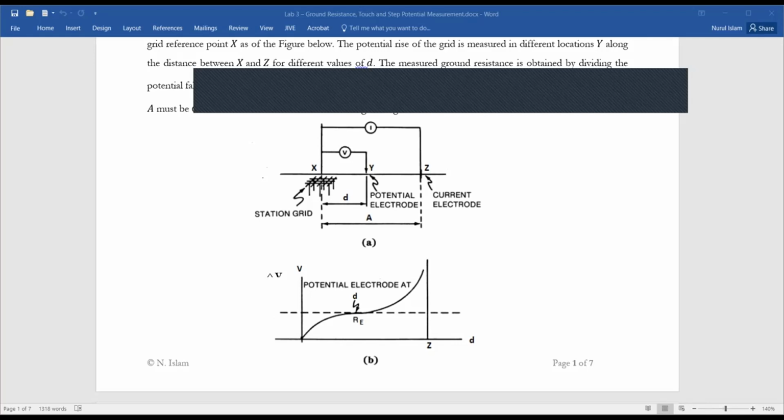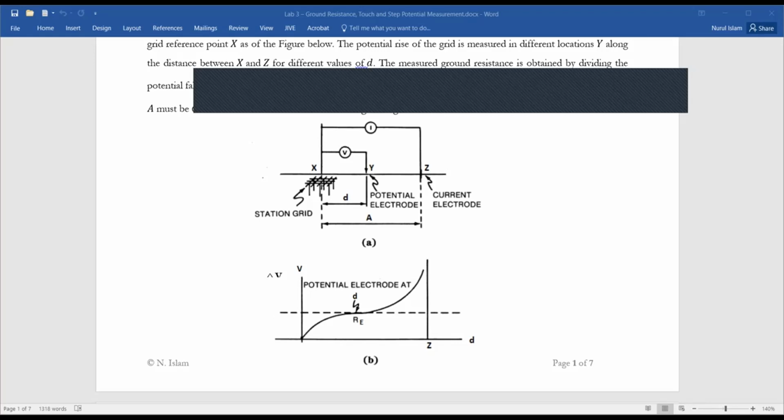So if the voltage here is 0 and there it is 0, then the difference from this reference point to this 0 voltage point will be the same, so the voltage will be the same. Now the voltage we have for different positions of this electrode, divided by this current, will be the resistance.